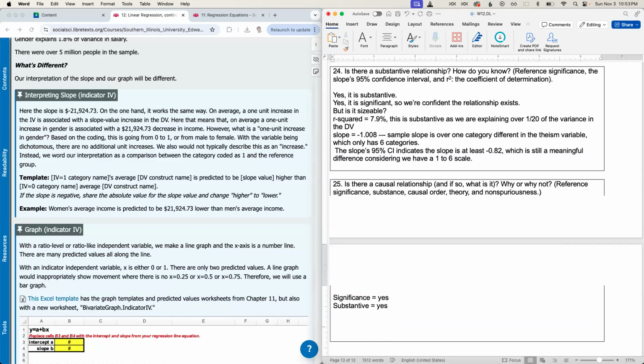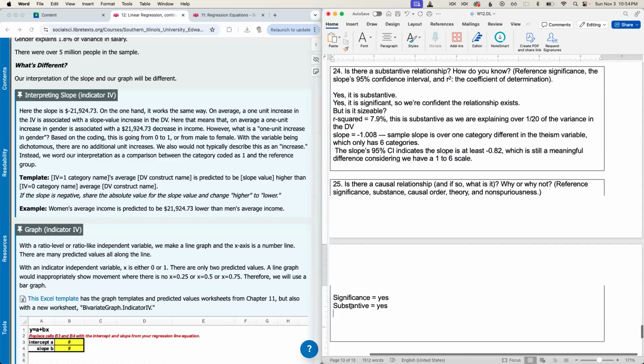Causal order. So would your belief in God affect your views on marijuana legalization, or do your views on marijuana legalization affect your beliefs in God? I mean, it depends on what those beliefs are.